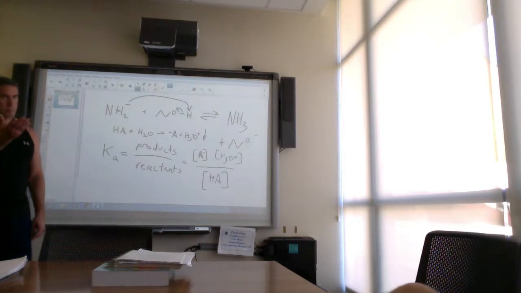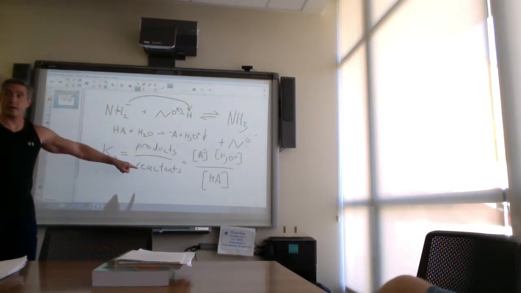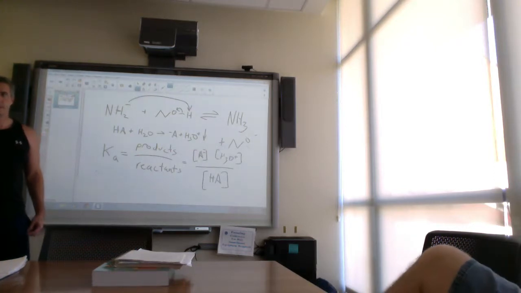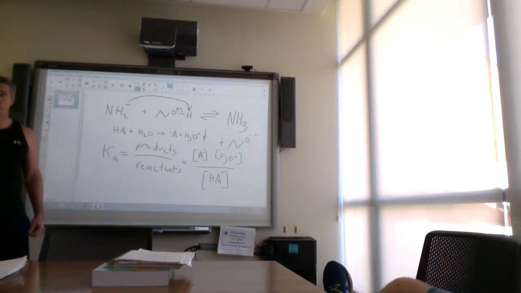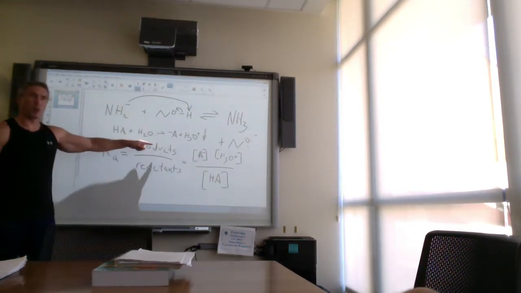Which means, again, if I have a really large Ka, it's saying, yeah, it's going to almost completely dissociate, because it's going to make all products and get rid of reactants. So a weak acid can't have a large Ka. Okay, so it's a strong acid. A strong acid means, yes, make it all products.